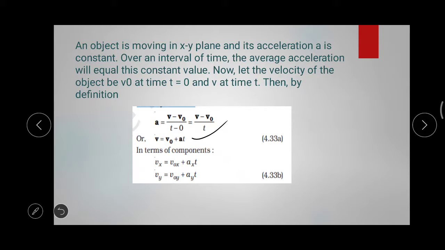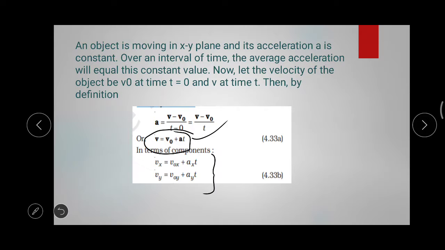Now for this v is equal to v0 plus at, there are two components. If we are considering the two-dimensional motion, this is the important portion. The vx, the x component of the velocity, will be equal to v0x, the x component of the initial velocity, plus ax, the x component of the acceleration, into t. So vx is equal to v0x plus ax t.